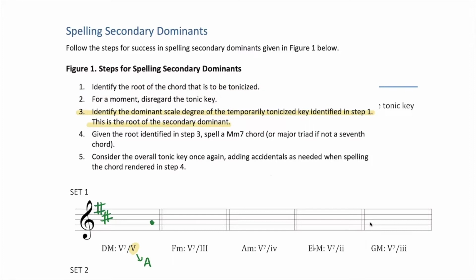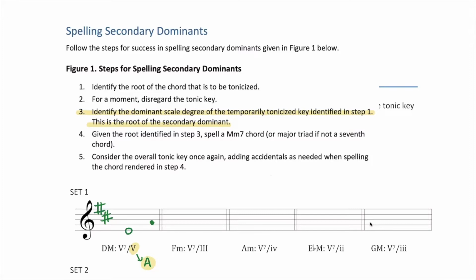In this case, we need the dominant scale degree in the key of A. So the question is, what is scale degree 5 in the key of A? Your answer should be E. E is scale degree 5 in the key of A.